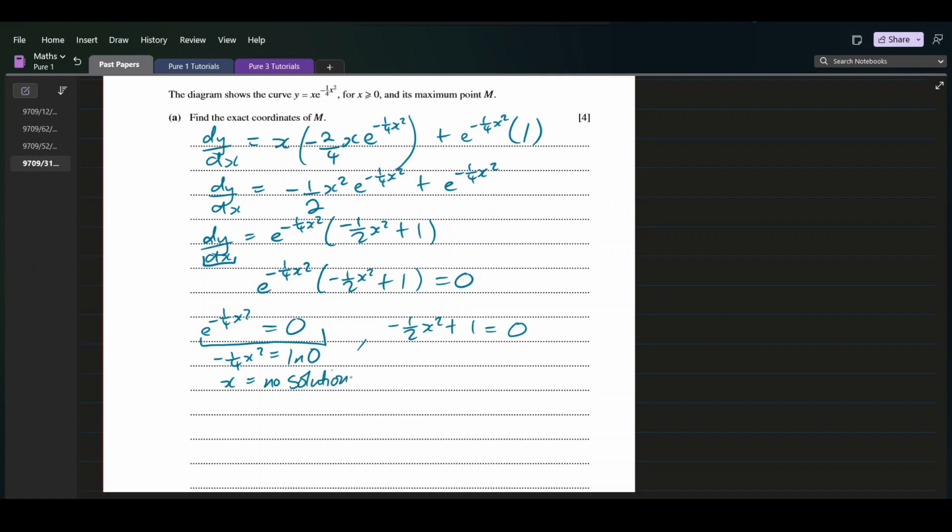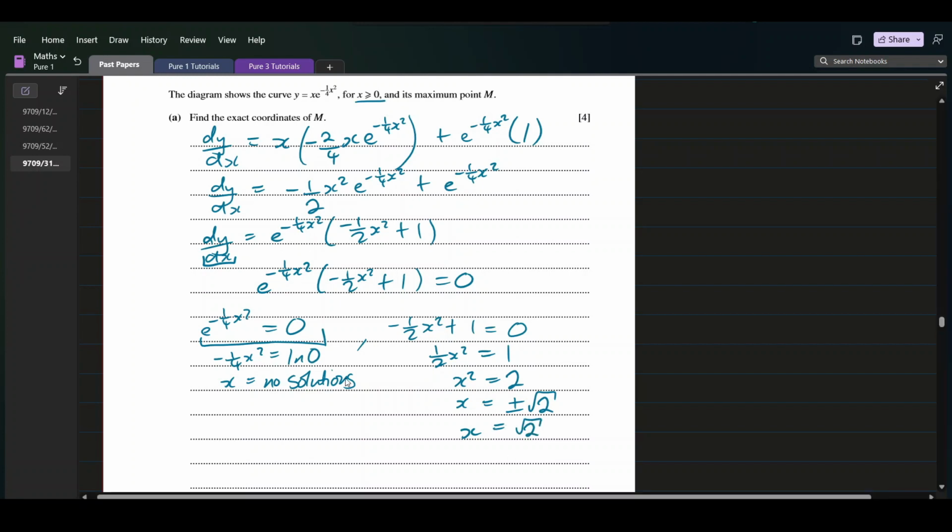Now let's solve the other equation. So this becomes half x squared is equal to 1, multiply both sides by 2, x squared is equal to 2, take the square root of both sides, x is equal to plus or minus root 2, and we're told that x is greater than or equal to 0, so x must be root 2.